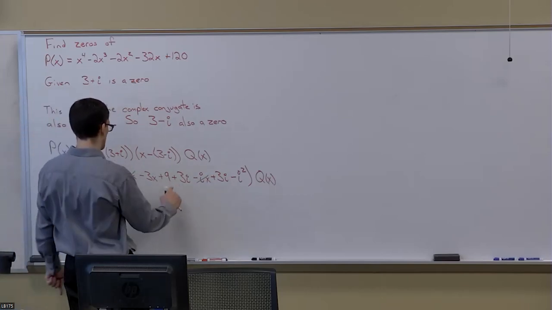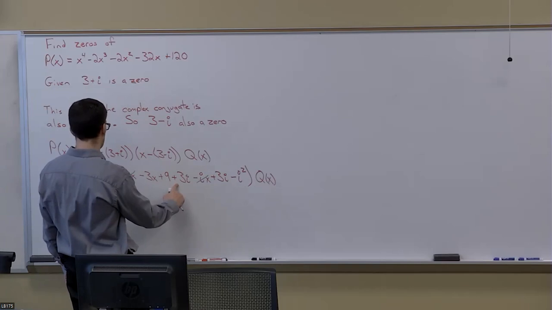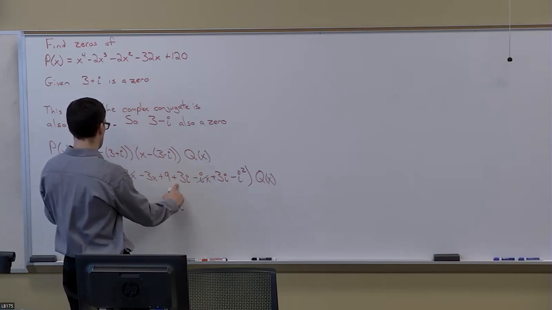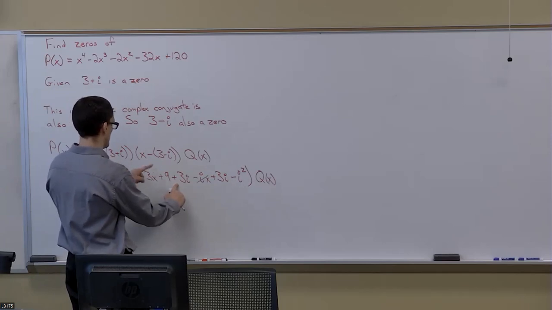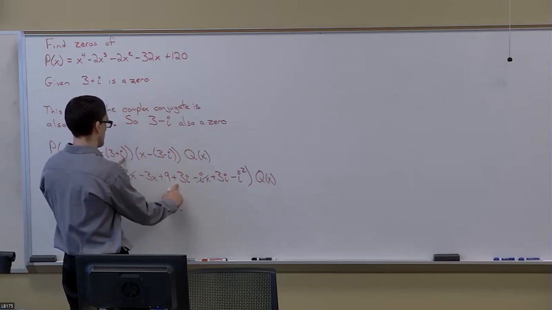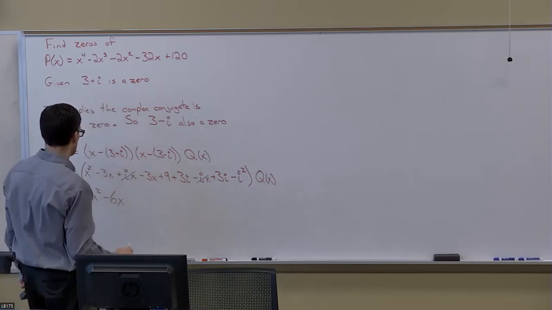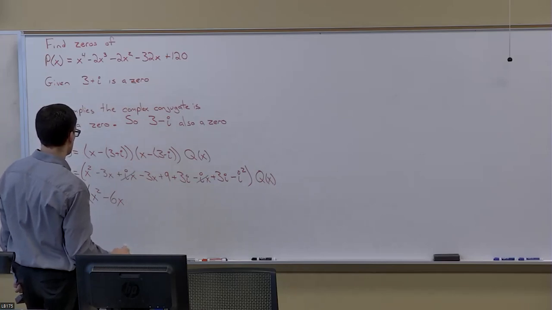One of these should be a positive and negative 3i. Minus 3 times i, minus i. Something's wrong.